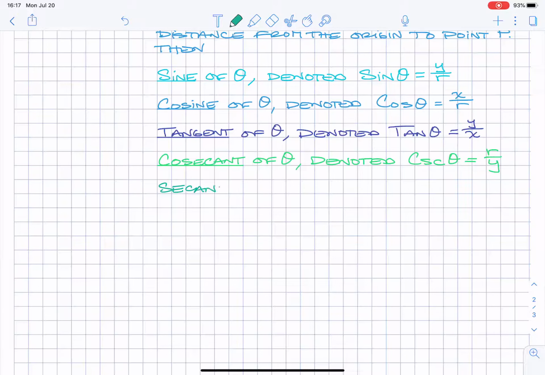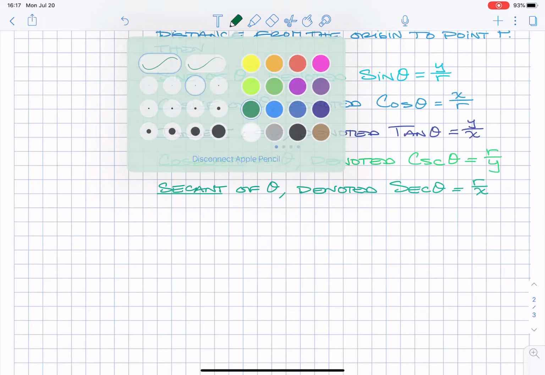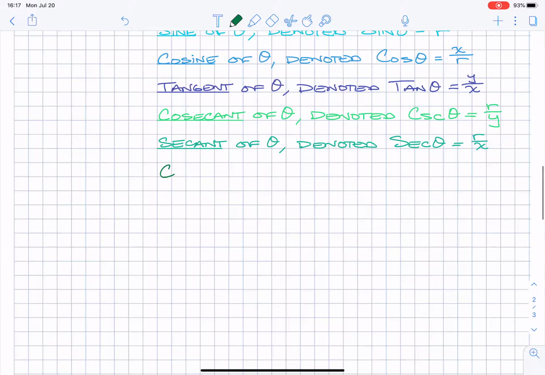Okay, so the next one will be secant of theta. That's going to be denoted SEC of theta, and that's going to be r divided by x, which is cosine upside down, or the reciprocal of cosine. And finally, let's do cotangent of theta.